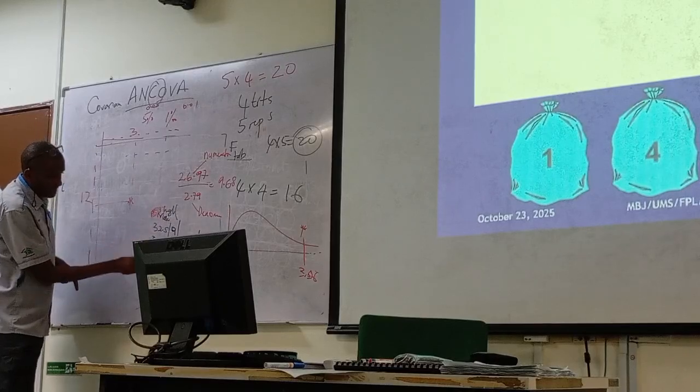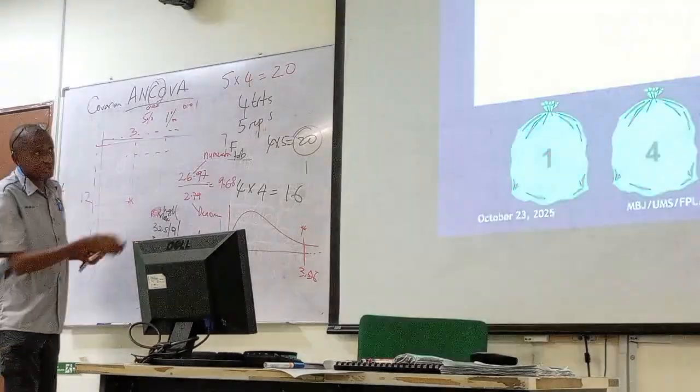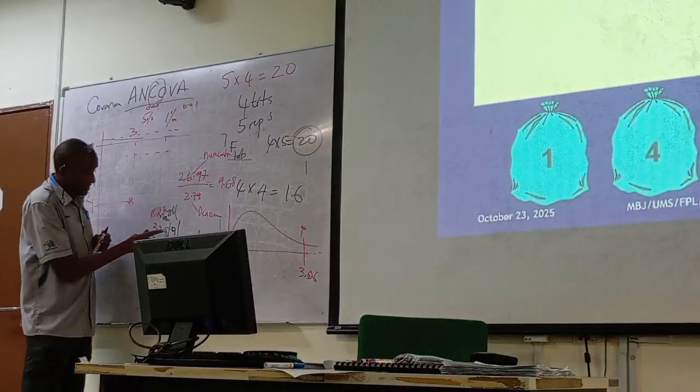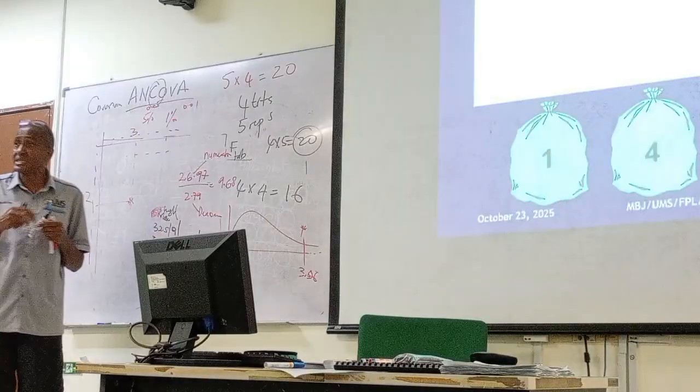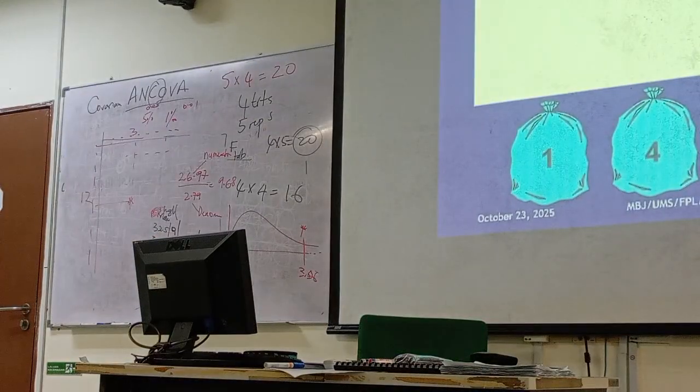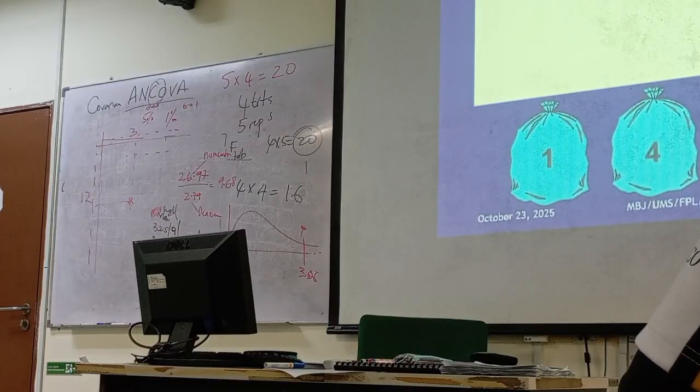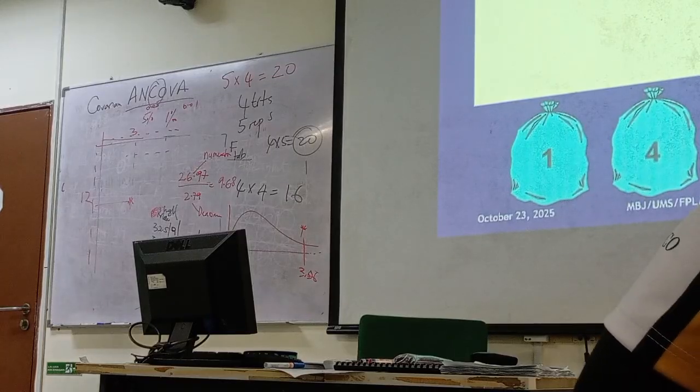Then they will put these letters here. This letter is to tell you whether this is different from this one, statistically. Are they significantly different? If the letter is the same, it means no significant difference. If you have the same letter, it means we are the same. So which one is the same here?